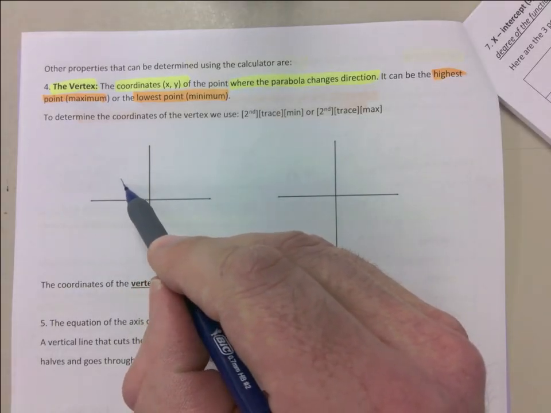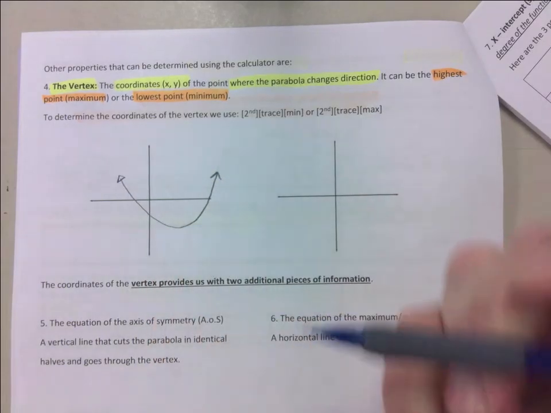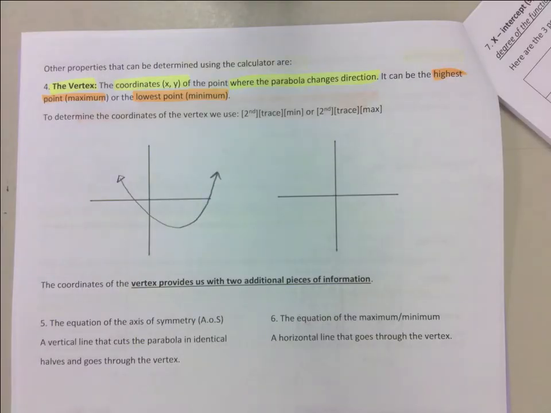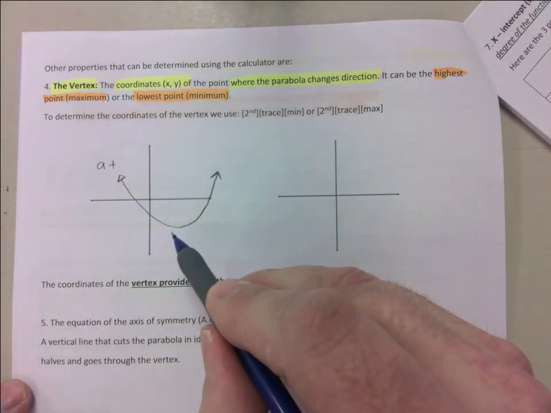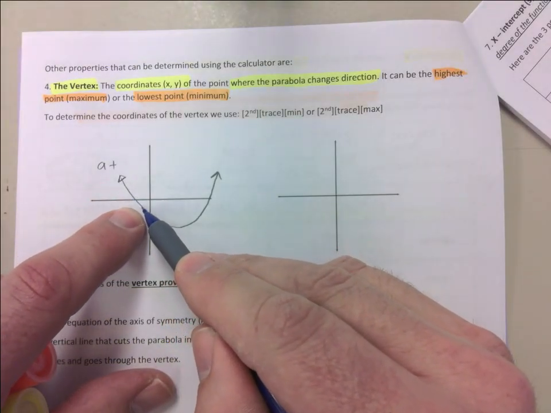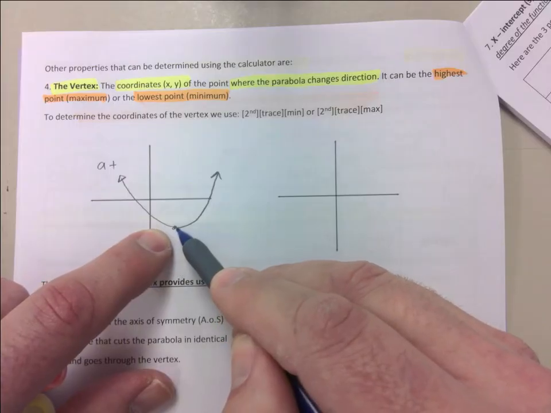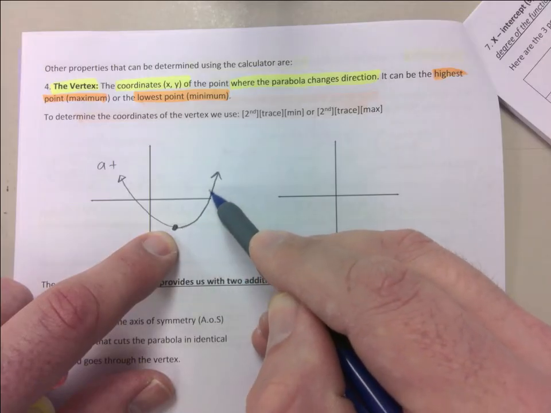So if you have a parabola that goes like this, what do we know about the A value, guys? What do we know for sure about the A value? It is positive, right? We know for sure this is positive because I've told you so for now. So the vertex, if you follow this, it decreases, and then there's a point where you reach the lowest point and then it turns the other way.